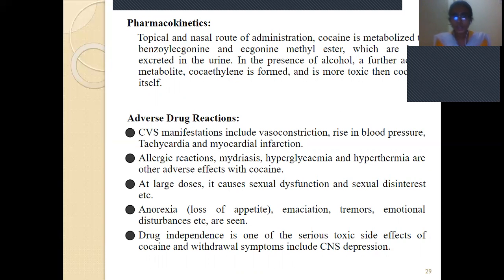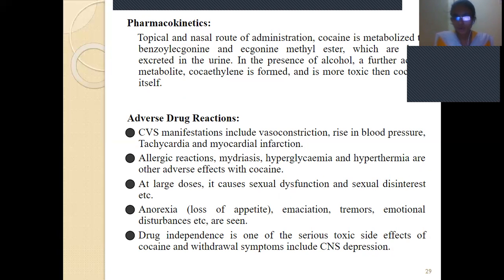The routes of administration are topical and nasal. It is metabolized to benzoylecgonine and ecgonine methyl ester, which are both excreted in the urine.